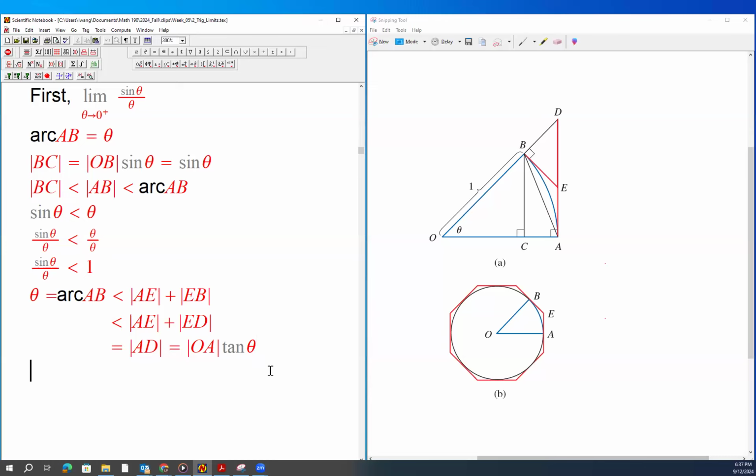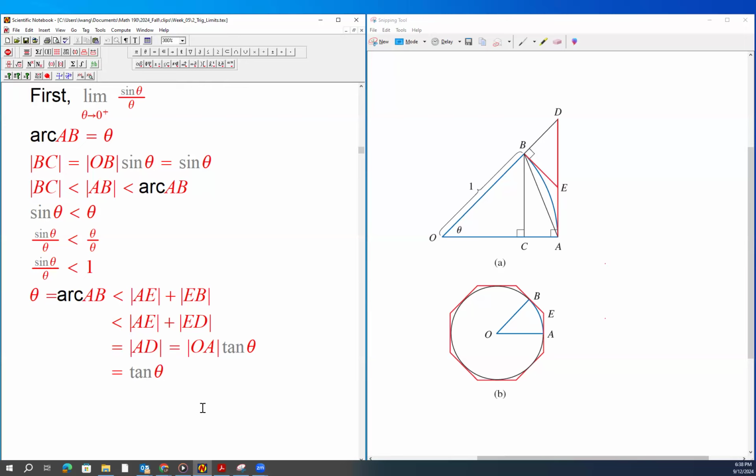So by this time, if you look at the whole of the process, we're going to go one more step further, because OA is 1. So this will be equal to just tangent theta.